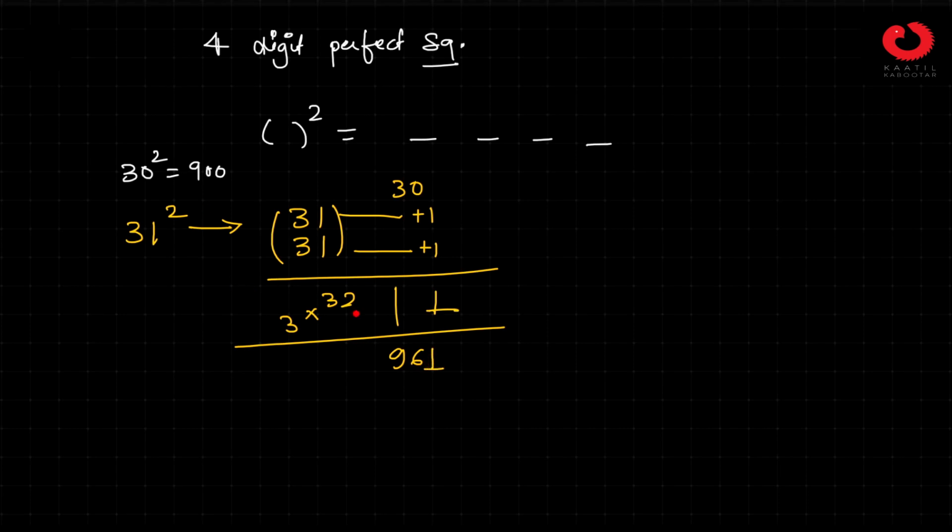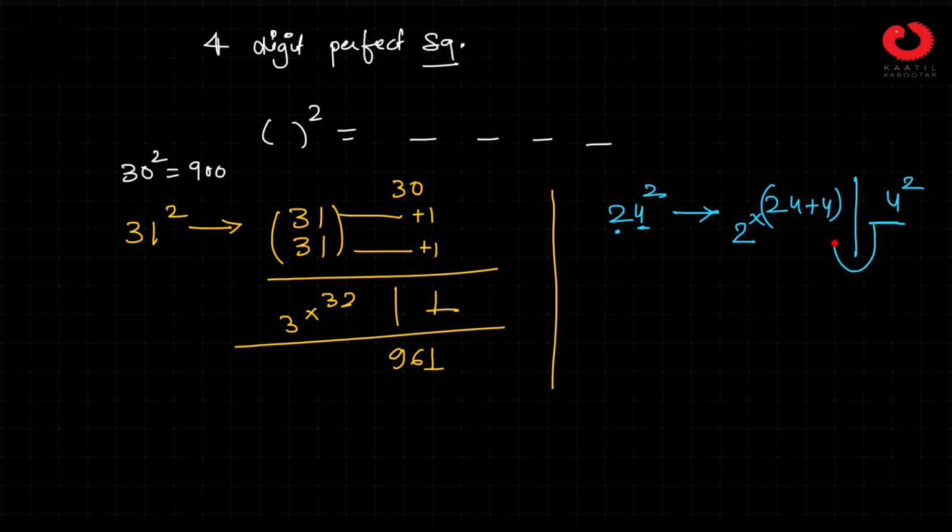We will generalize this method for a while, and I'll show you how I write it. Whenever a number like 24 square is given to you, you take the last digit, add it to the number, like 24 plus 4, and then multiply with the first digit. The last digit of the answer will be the last digit of the square of 4, and if there is any carry, you just carry it up.